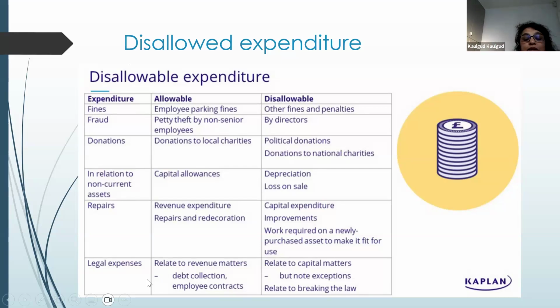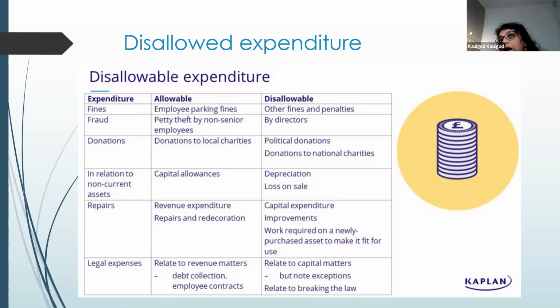Next one is legal expenses. Legal expenses relating to revenue matters, debt collection, employee contracts, are allowed.